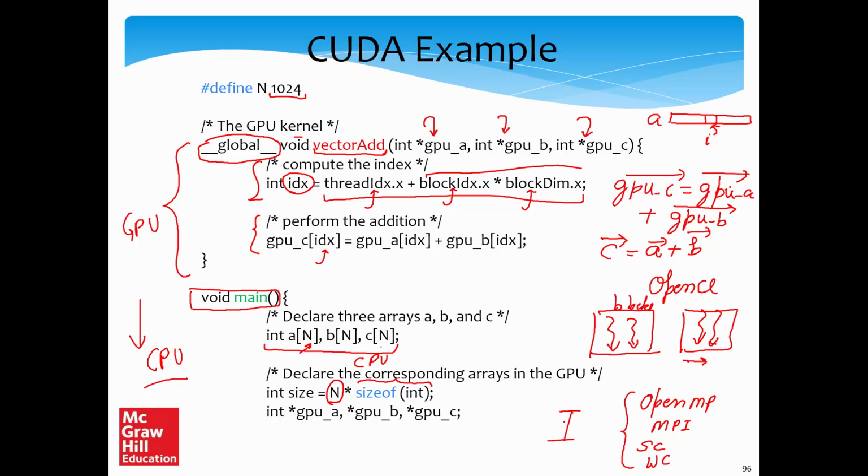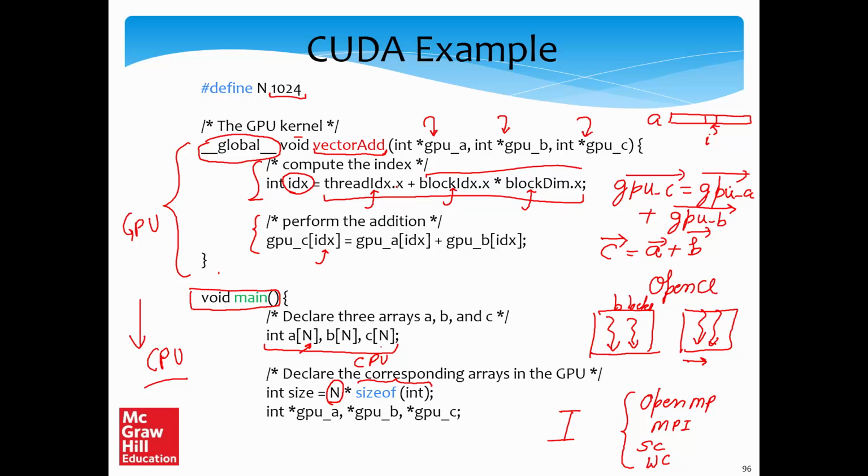Each thread has a thread ID, and the thread ID tells us which elements we need to operate on. We operate on those elements, and of course this function is spawned in parallel for each of the threads. So thread IDX, block IDX, and block dim are all CUDA built-ins. And finally, we are doing the addition.